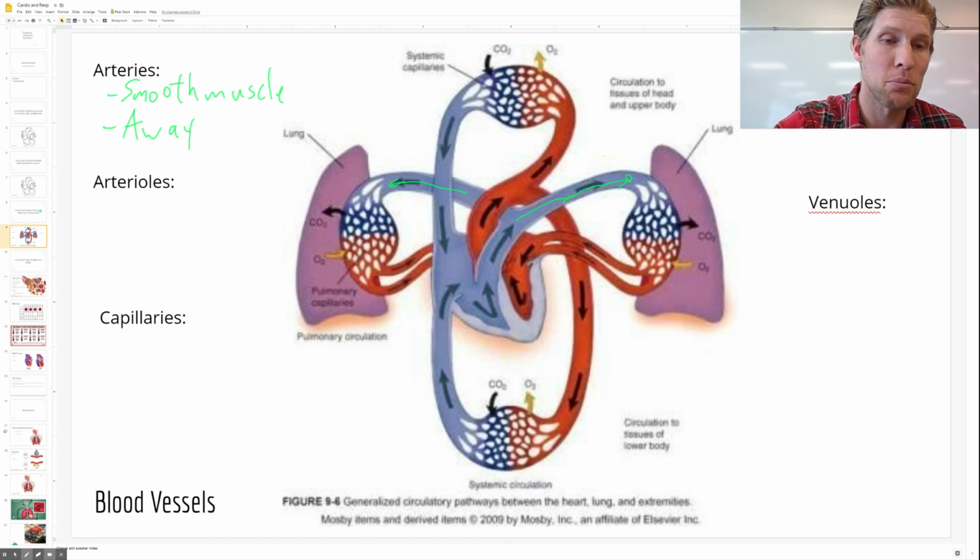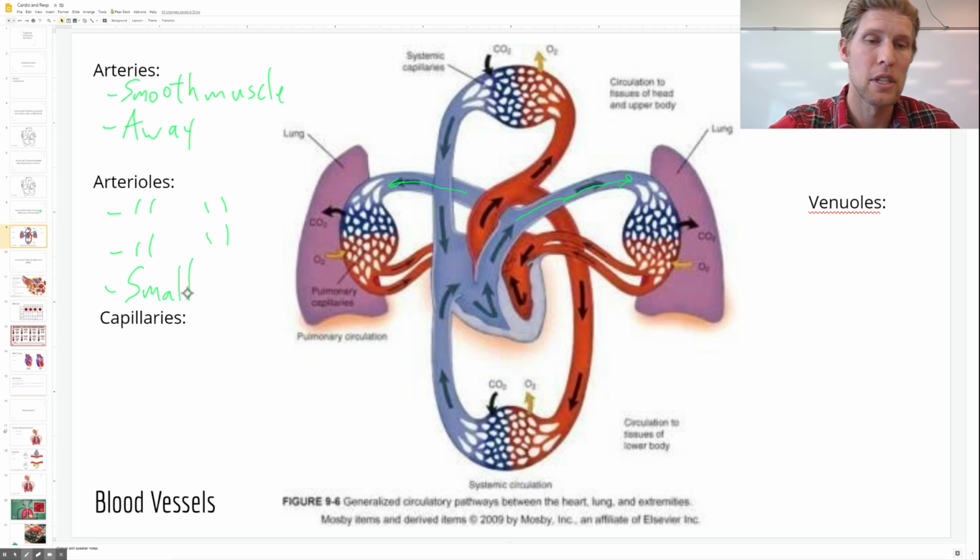They're just smaller arteries, so they have the smooth muscle. It's pretty much ditto. They're just smaller arteries. Now, capillaries are super important. They're the coolest things ever. So, capillaries are everywhere. They're usually only one cell thick.